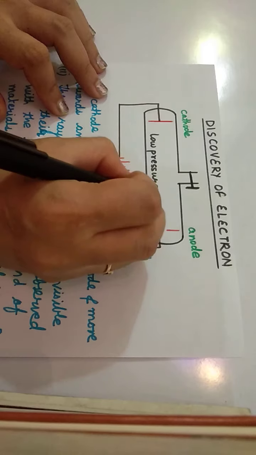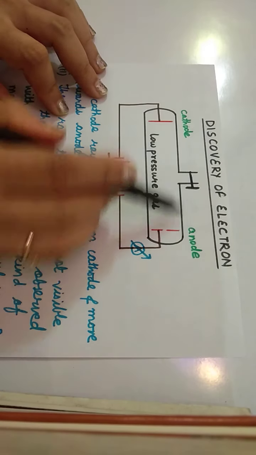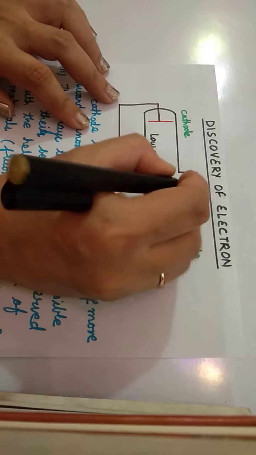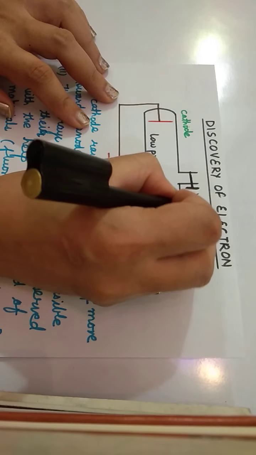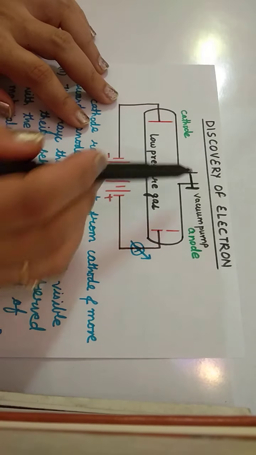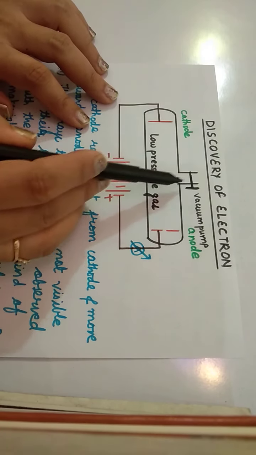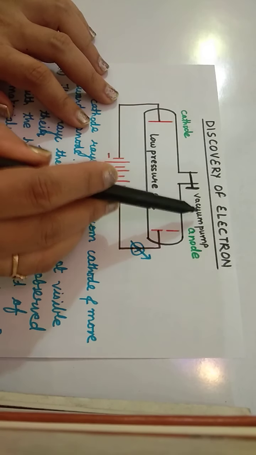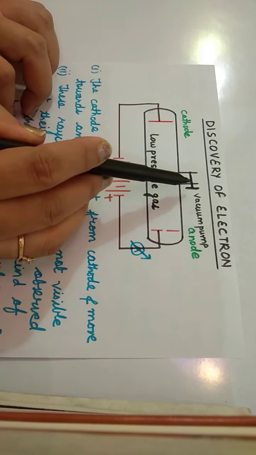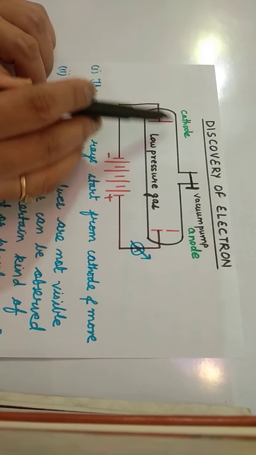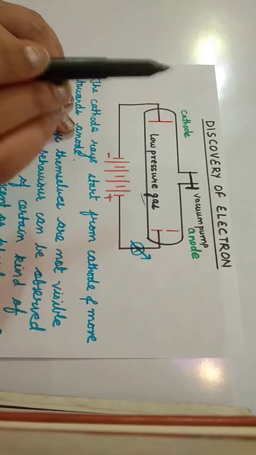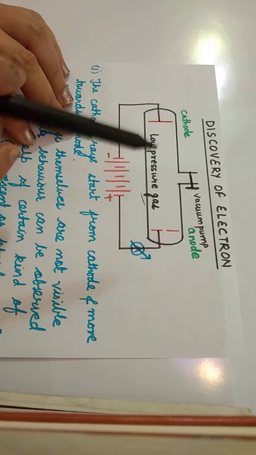This discharge tube was connected to a vacuum pump and a stopcock. The vacuum pump is to remove the gas or to reduce the pressure of gas inside this discharge tube.